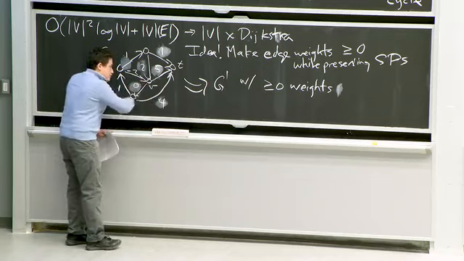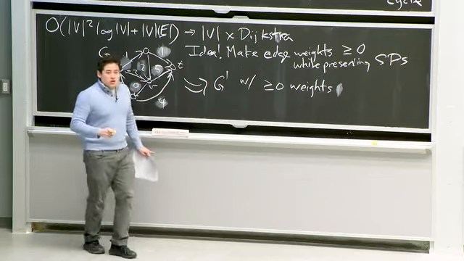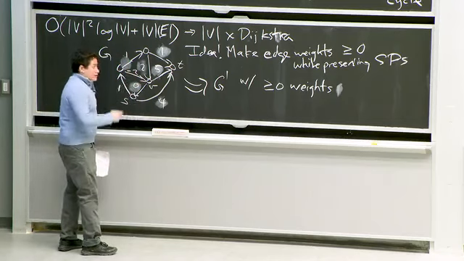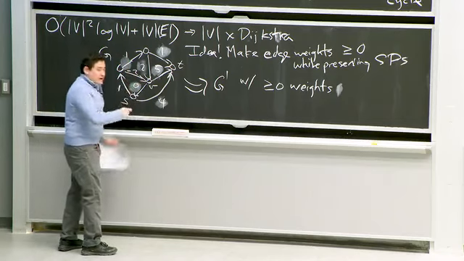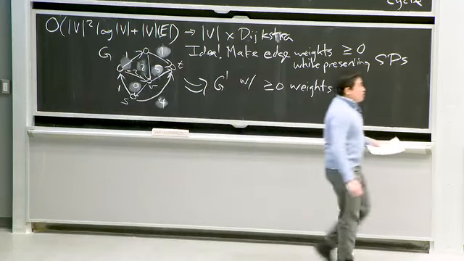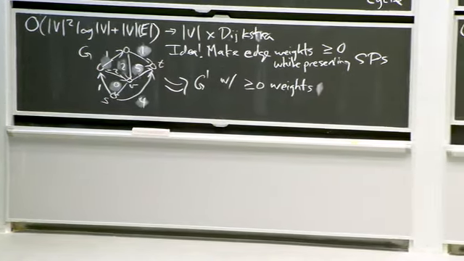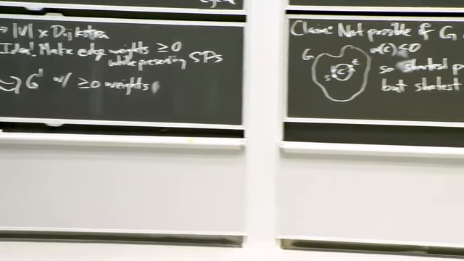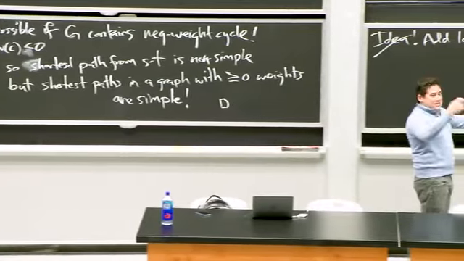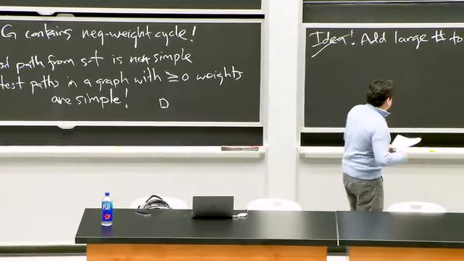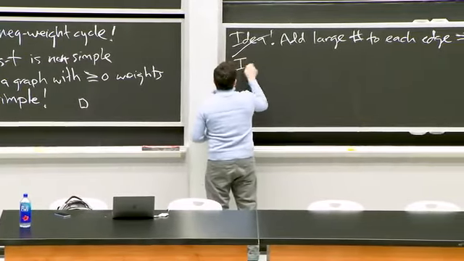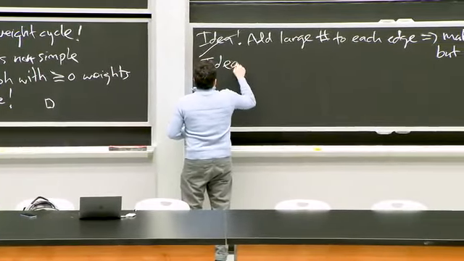And any path going into V has also changed by the same amount. In particular, it's changed by a negative, whatever we added to the outgoing edges. So such a transformation, adding a number to all the outgoing edges from a vertex and subtracting that same number from all the incoming edges, preserves shortest paths. That's a claim. Idea. This is a better idea.